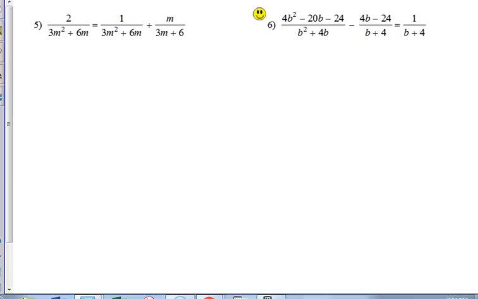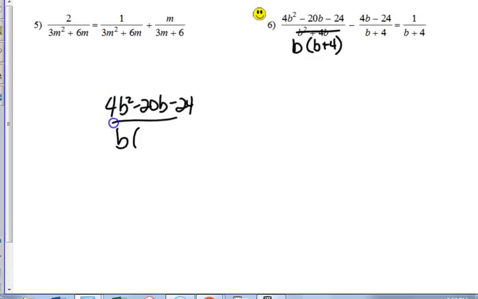All right, number 6 is very similar, so I'm going to go kind of quickly, but I had circled it on your paper saying I'd help you with this one because it's ugly. We factor this, and what will the common denominator be this time? A b and a b plus 4, is that what I heard?